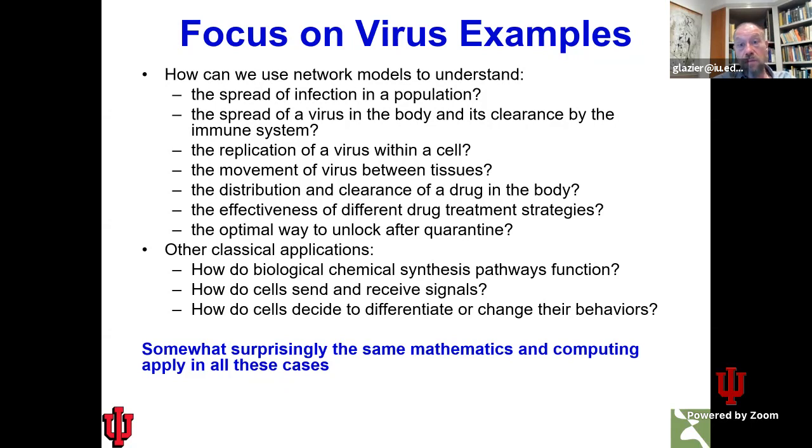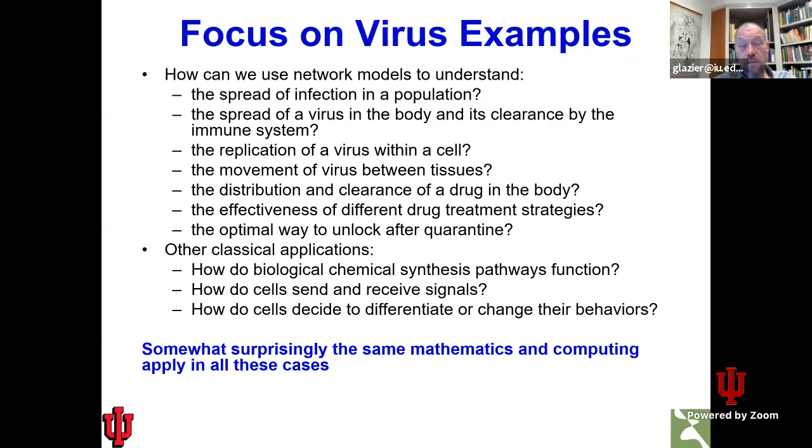When the virus gets into your body, typically it starts in your nose and throat and then moves down into your lungs. And there are models of this network kind that model the transmission of the virus between regions in your body. That kind of modeling is used a lot in all sorts of contexts, again, not only in viruses.